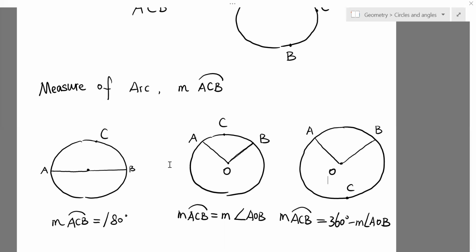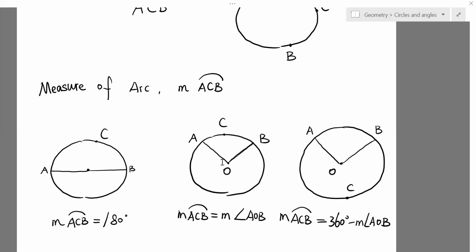On the other hand, if we're talking about a minor arc, then we expect the measure of the minor arc to be less than 180 degrees. Specifically, now here is the definition of the measure of arc really coming into play. This definition is about how an arc of a circle is related to some angles, for instance, in this case, the central angle.